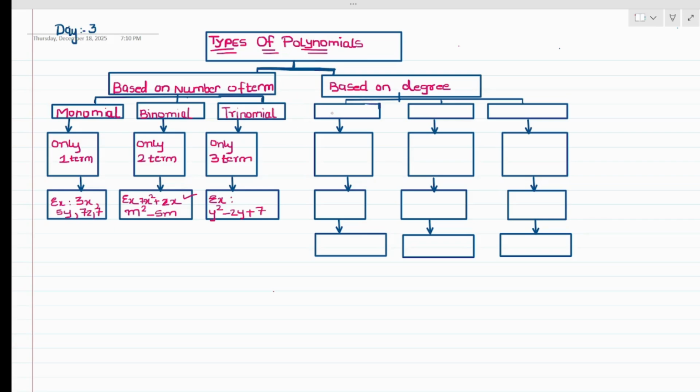So they are classified as first is linear, second one is quadratic, and third one is called cubic.